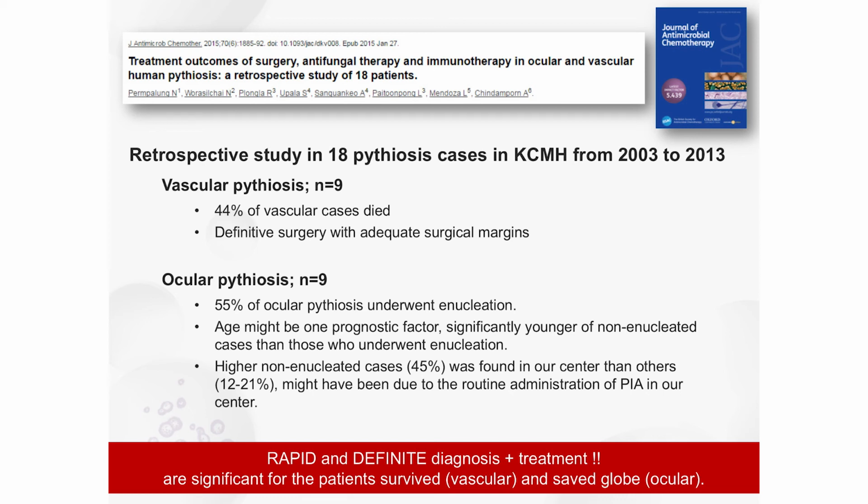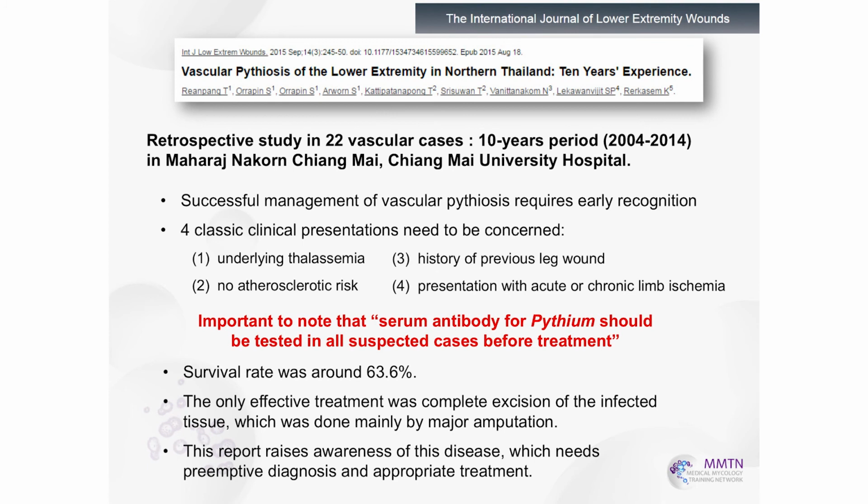And this is in another center for the vascular pythiosis in the northern part of Thailand. It's 10 years experience. Also have the same thing. Successful management requires early recognition. So the lab part, are you ready for this one? For classic clinical presentation here, this is very important. Just take a look and try to put in the chip.